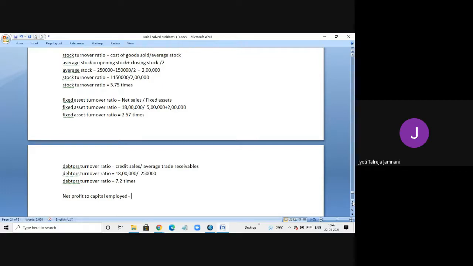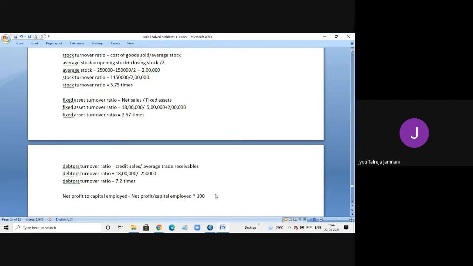The formula for this is net profit divided by capital employed into 100. Now how to find the capital employed?